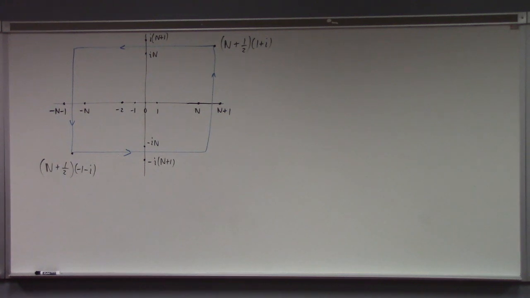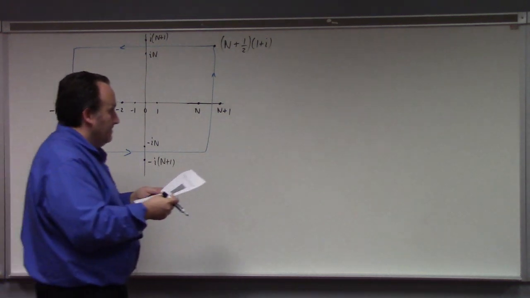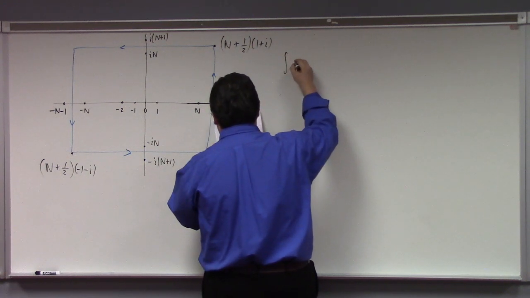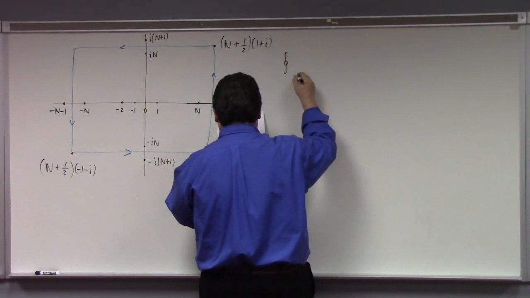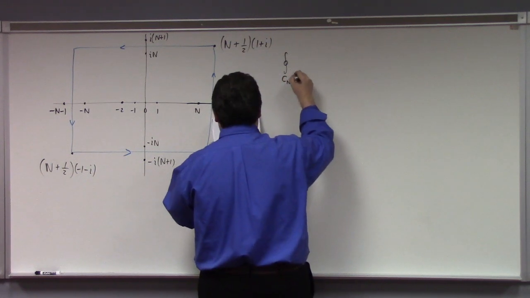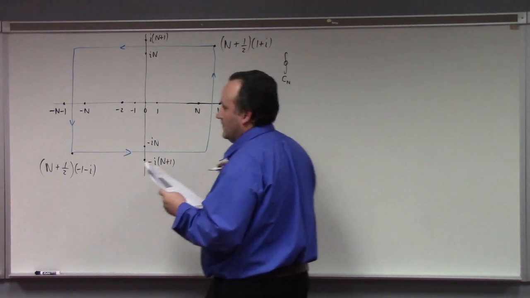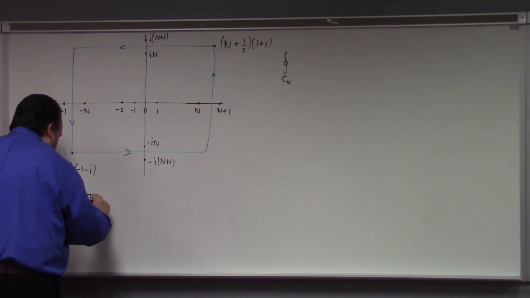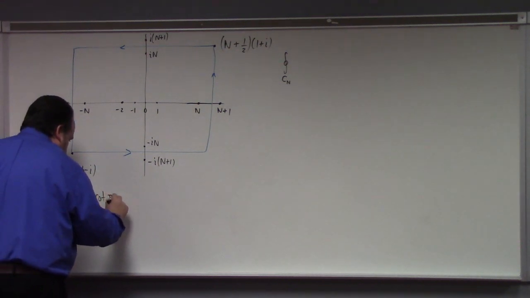All right, so now riddle me this. What if we integrate around this curve Cn? And just to save myself some writing, let's define pi cotangent pi z.